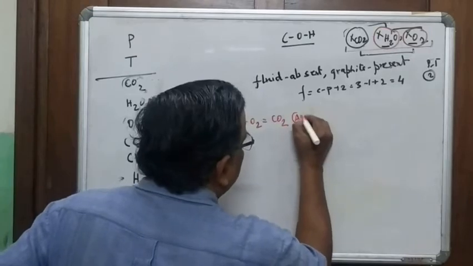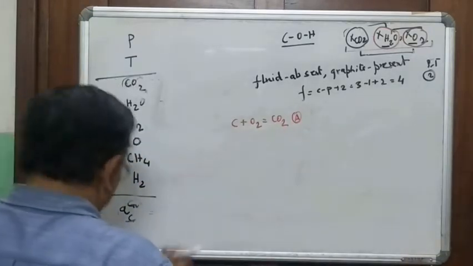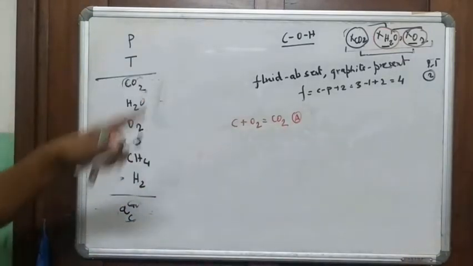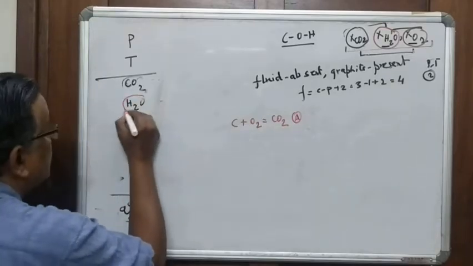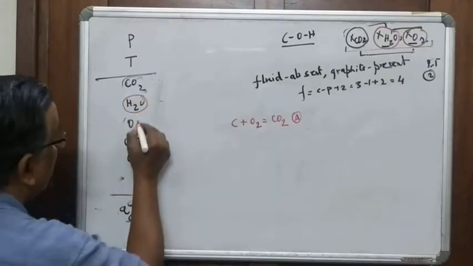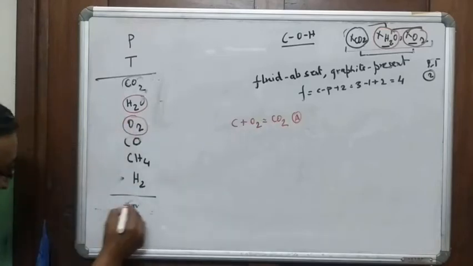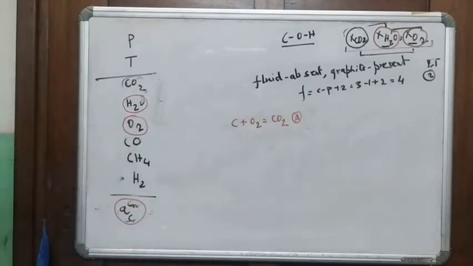So this is reaction 1. So the input data that we have here is XH2O and XO2. These are the input data, and you know the value of graphite, right?